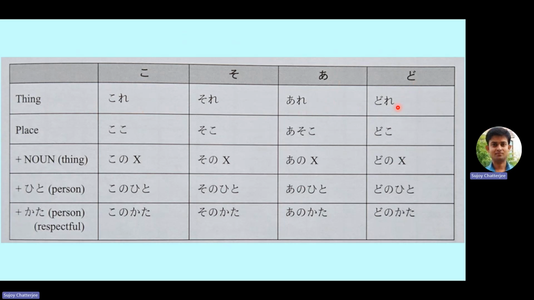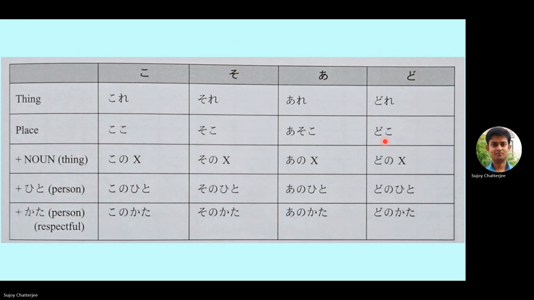And the question dore means which thing. Then the next line is for place. Koko means this place, soko means that place, asoko means that place over there, and doko means where, at which place.